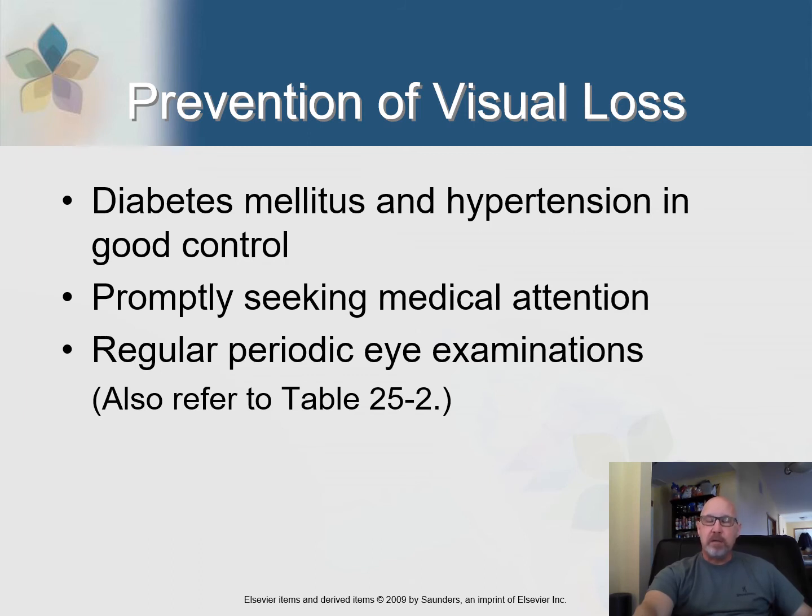You want to keep their hypertension under control. This means that they need to be under proper medical care, taking the appropriate medications, and also having eye exams on a regular basis. It's not just about seeing an optometrist. And optometrists, they're great people, and if that's all you can see, fine, but you should see an ophthalmologist.